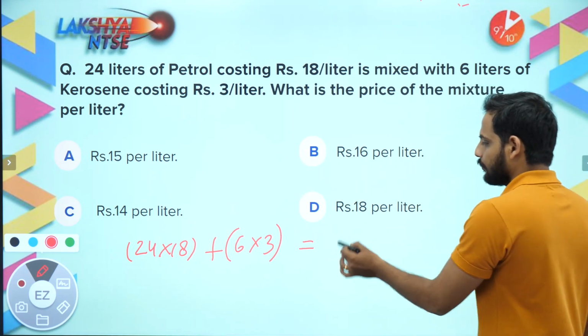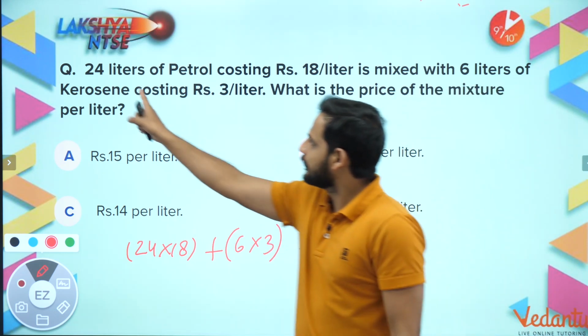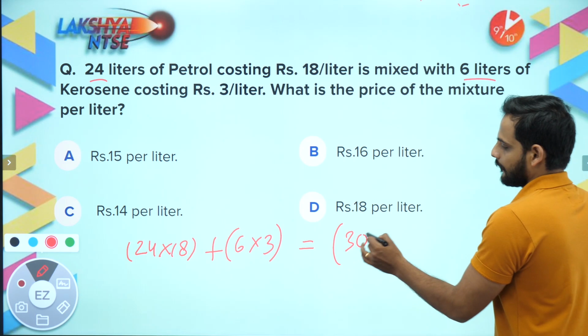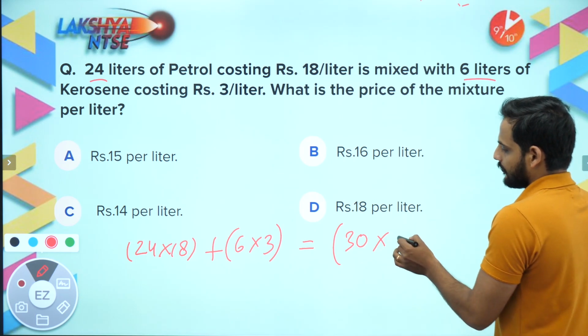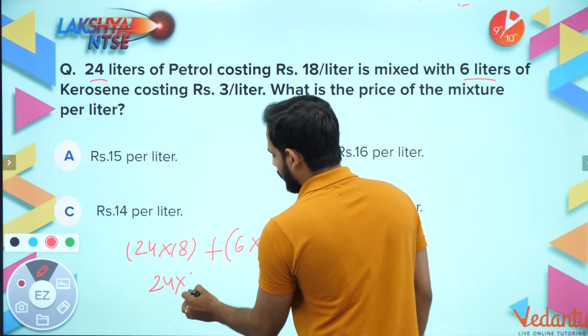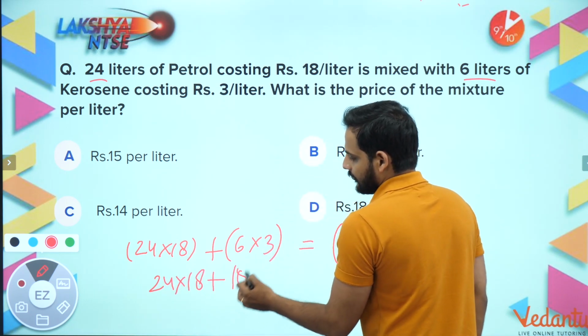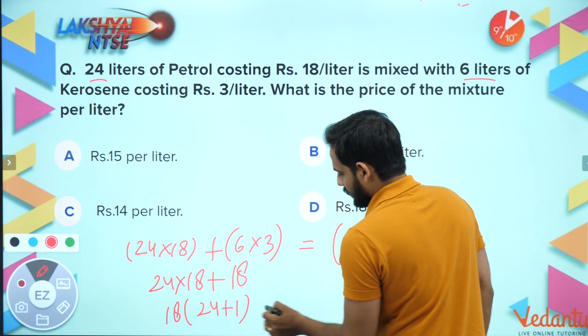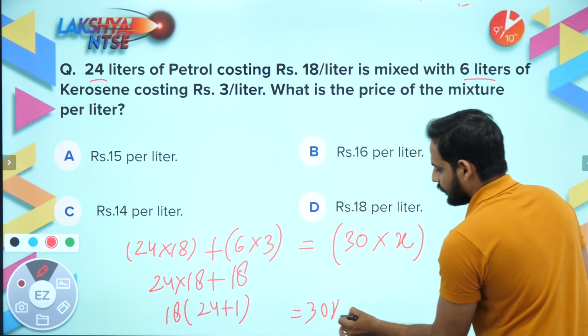After the mixing, the total quantity with me will be 24 liters plus 6 liters, which is 30 liters, into the price I don't know, let us say the price is x. So now you can see it is 24 into 18 plus 6 3s are 18. Now I can take 18 common, so it will become 24 plus 1, which is equal to 30 into x.